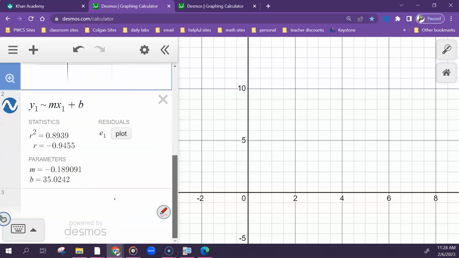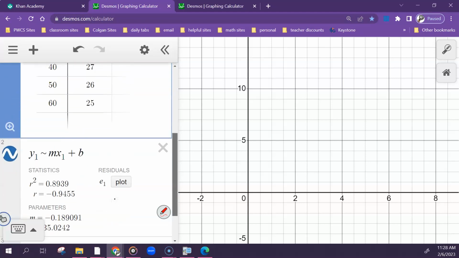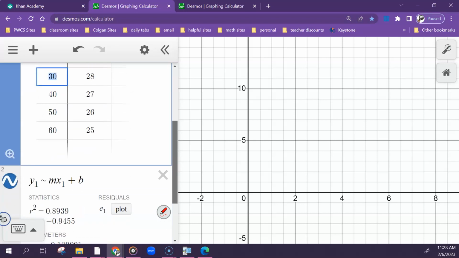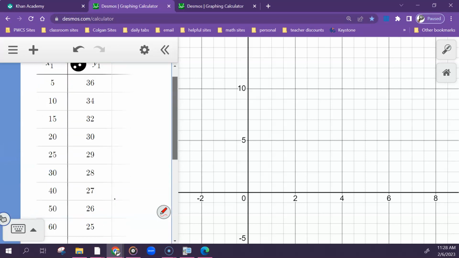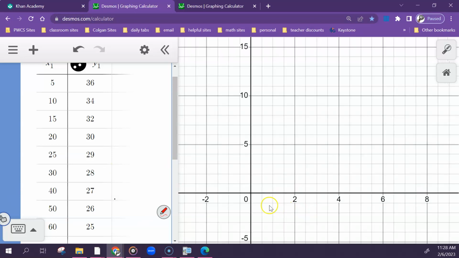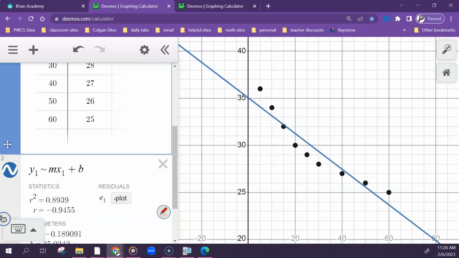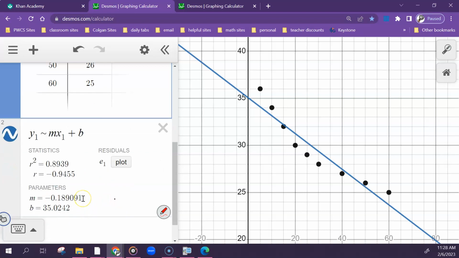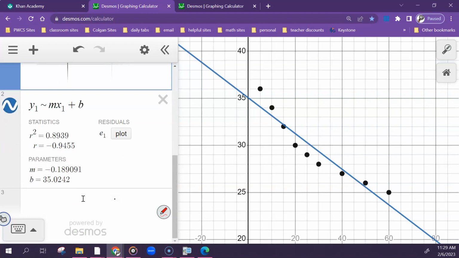Okay. So once you have this in, I have my equation in already. I just want to zoom in. If you didn't, you'd have to retype this in y1 tilde mx1 plus b. Your decimals don't match what's given again, but which one best matches it?